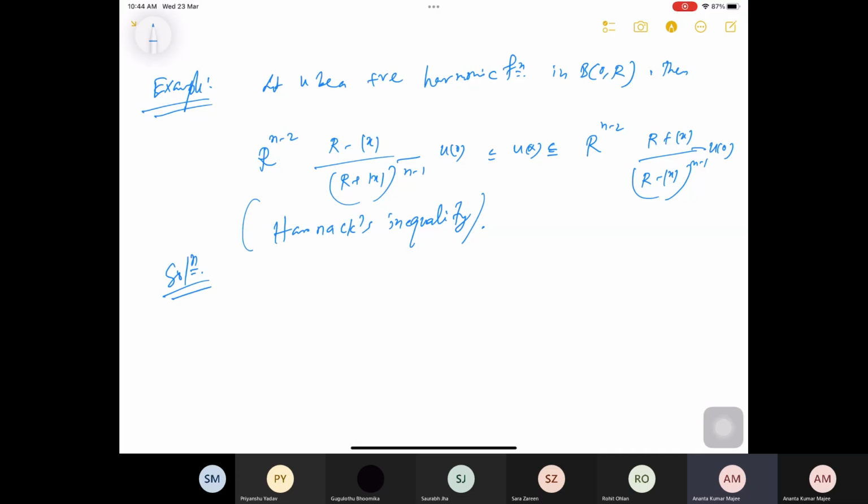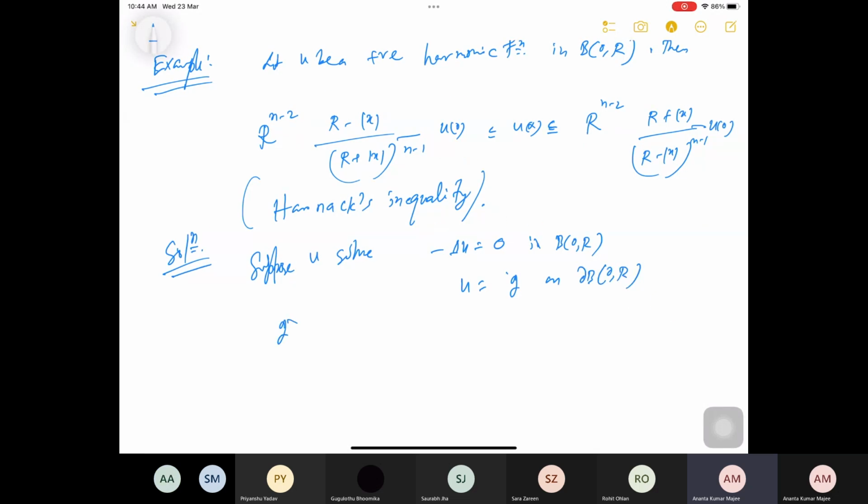So u is harmonic in the ball B(0, r), and also it is positive. I can think of u as solving my Poisson equation: minus Laplace of u is equal to 0 in B(0, r), and u is equal to g on the boundary ∂B(0, r).